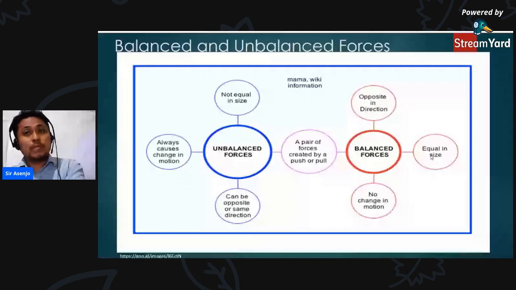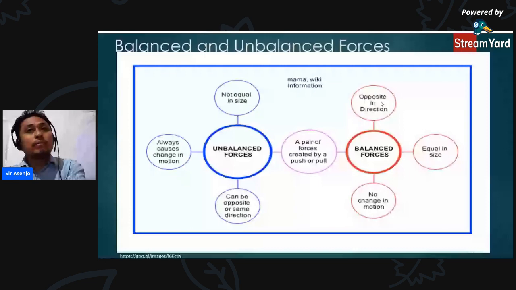Okay, and then in unbalanced forces, it could be opposite or the same direction. There is no change in motion. So this is a summary of balanced and unbalanced forces. Okay, let's take a look at this example.